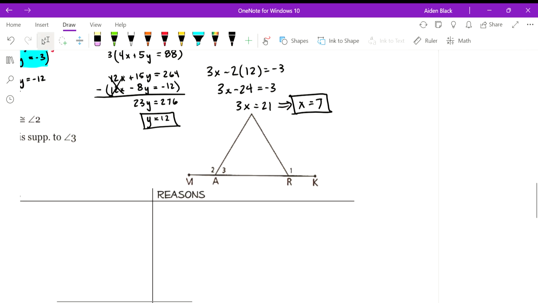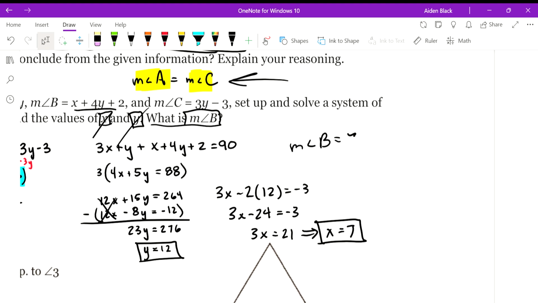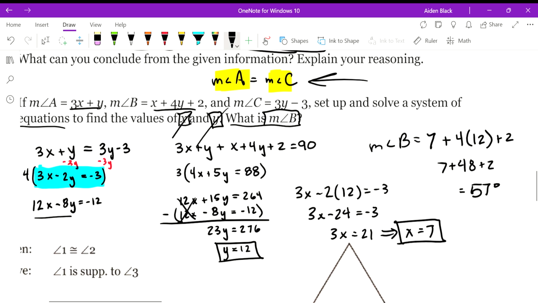You know the value of x is 7, so I'm just substituting. Plus 4 times y is 12, plus 2. If we simplify this, looks like we get 57 degrees. Cool.